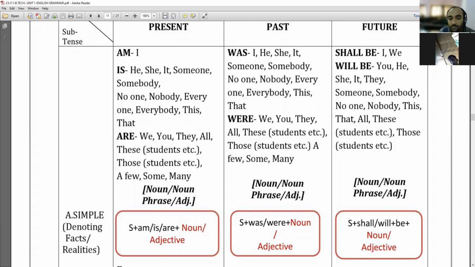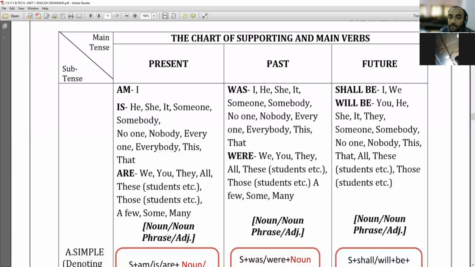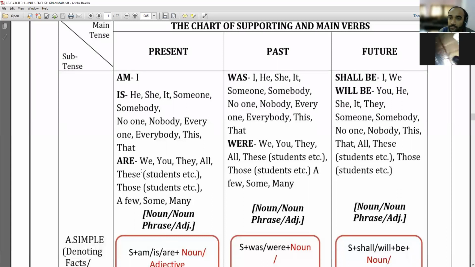So, I am a teacher shows the fact in the present. I was a student shows the fact or reality in the past. And was is used for singular nouns or singular pronouns.